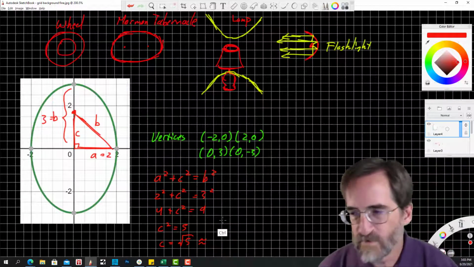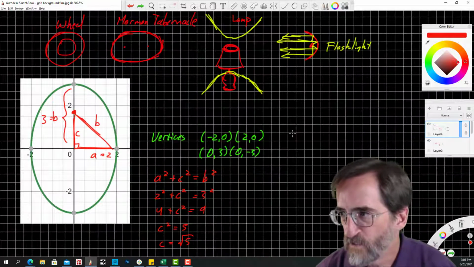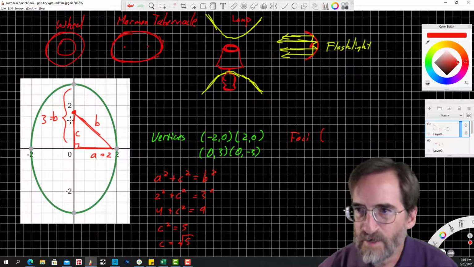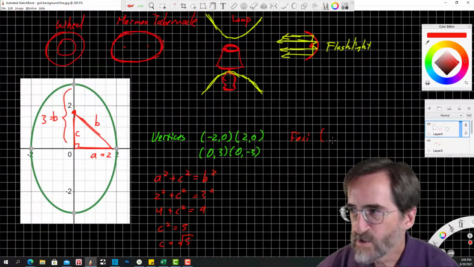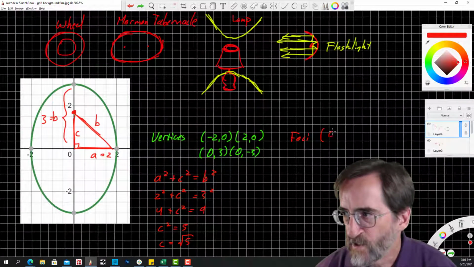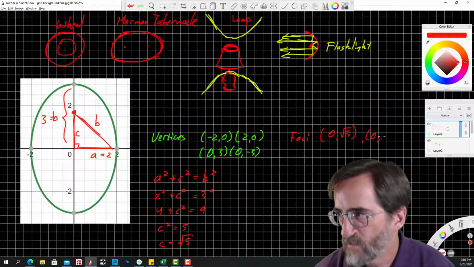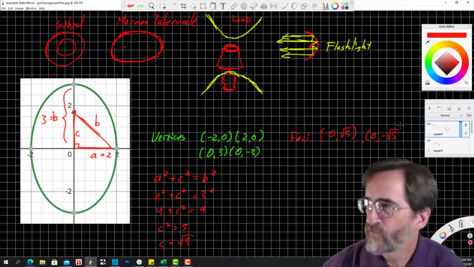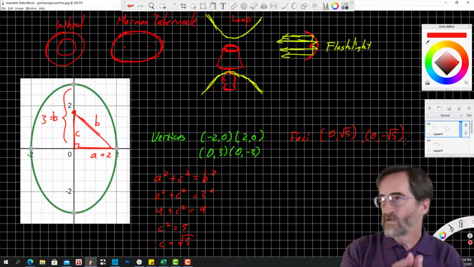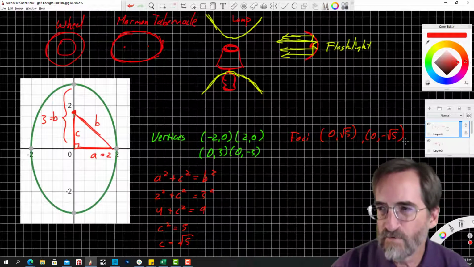Square root of 5. So our foci are at 0, square root of 5, and 0, negative square root of 5. Okay. All right. So those are the important places.